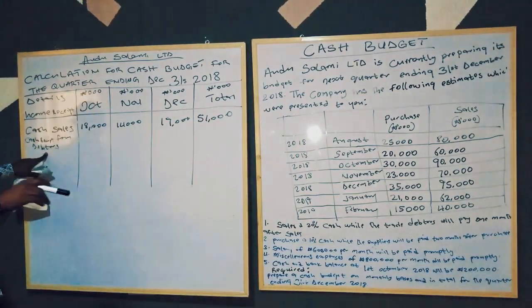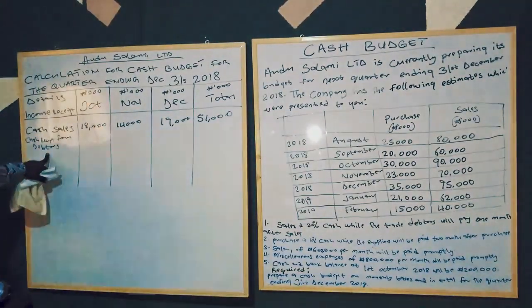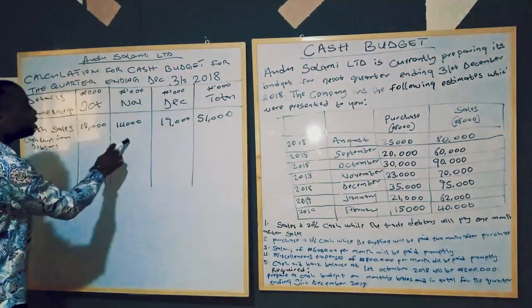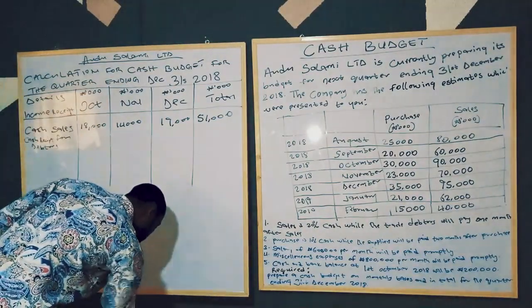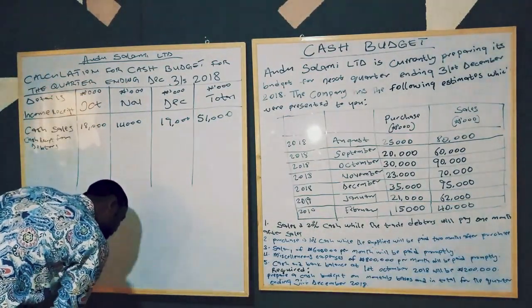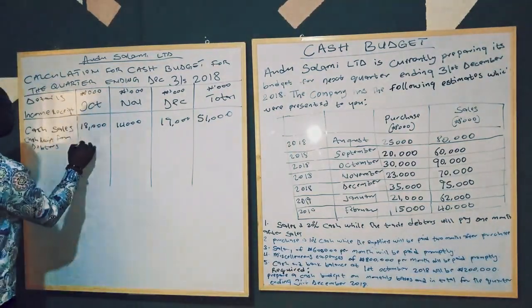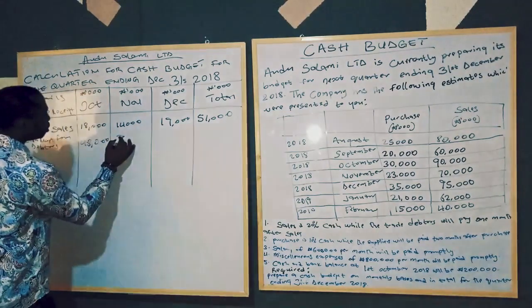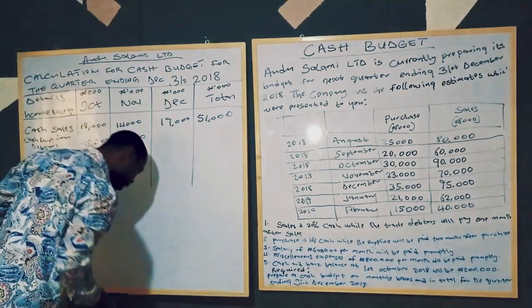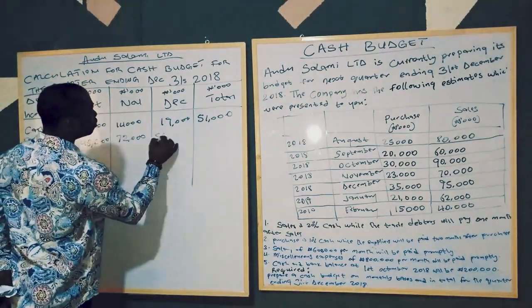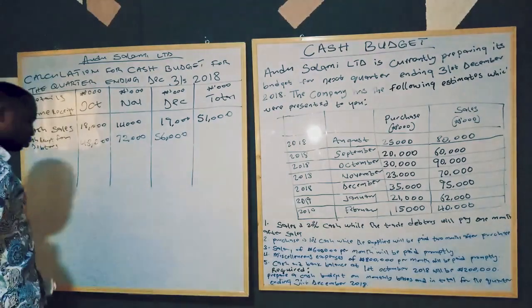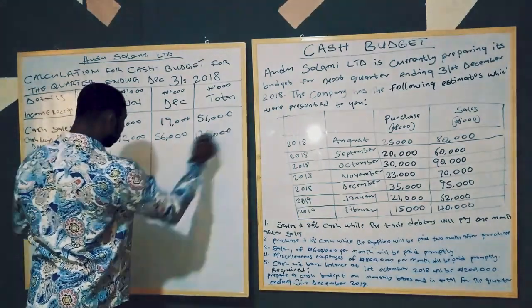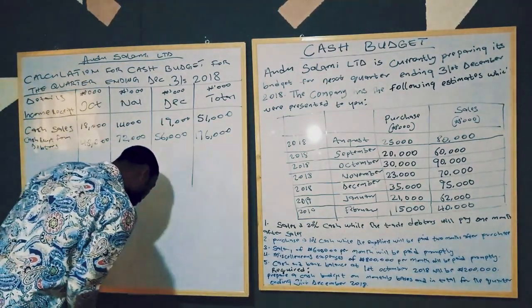The figures under these 3 months are what we put here: 48,000, 72,000 and 56,000. When we add the 3, it gives us 176,000.